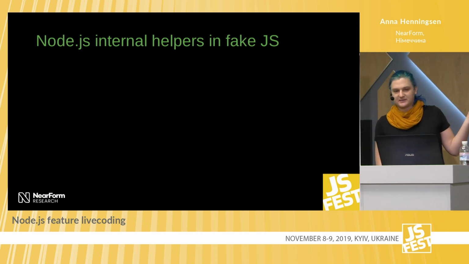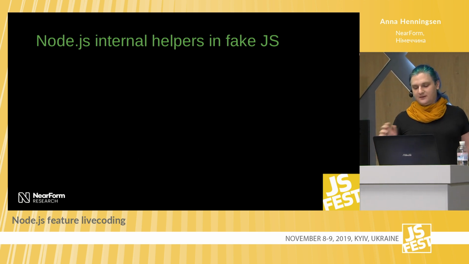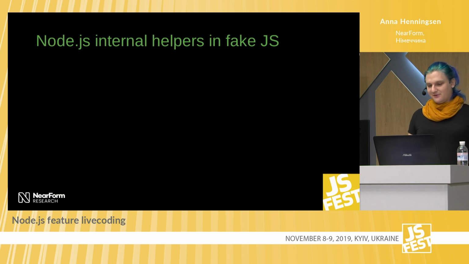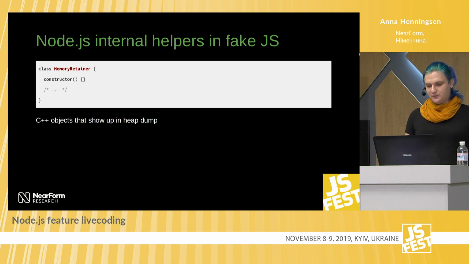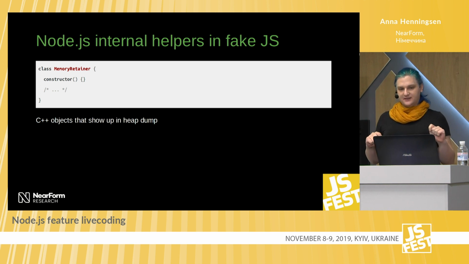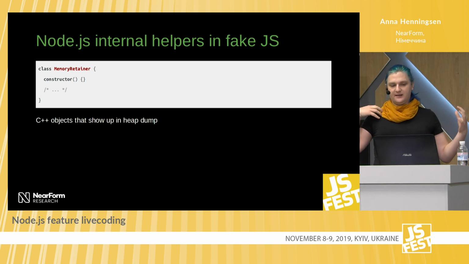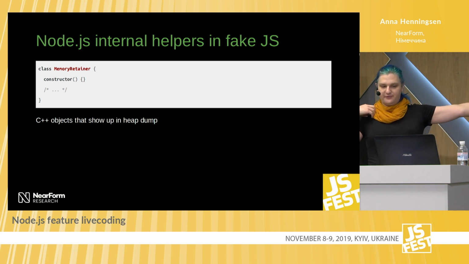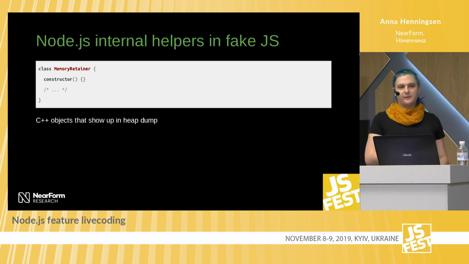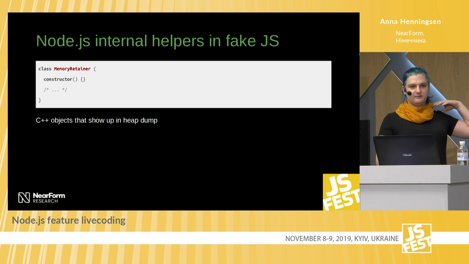And these are actually C++ classes, but I think at a JavaScript conference, it might be helpful to just show them in JavaScript. So at the very top of our class hierarchy, a lot of our classes inherit from this thing called MemoryRetainer. And this MemoryRetainer is something that we use in inspector heap dumps, like Chrome DevTools.